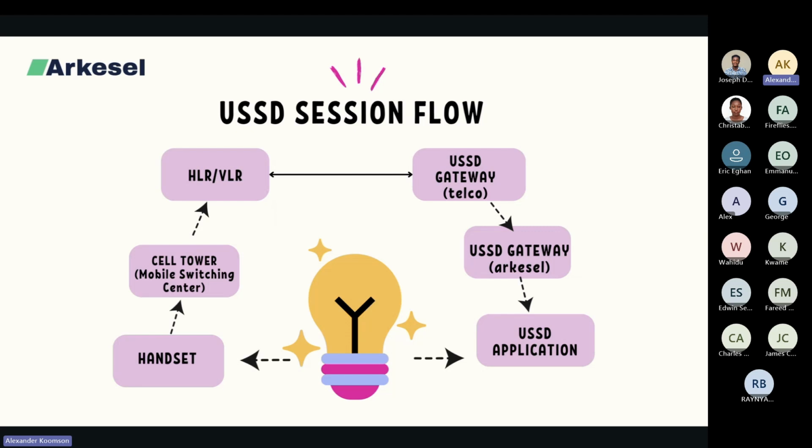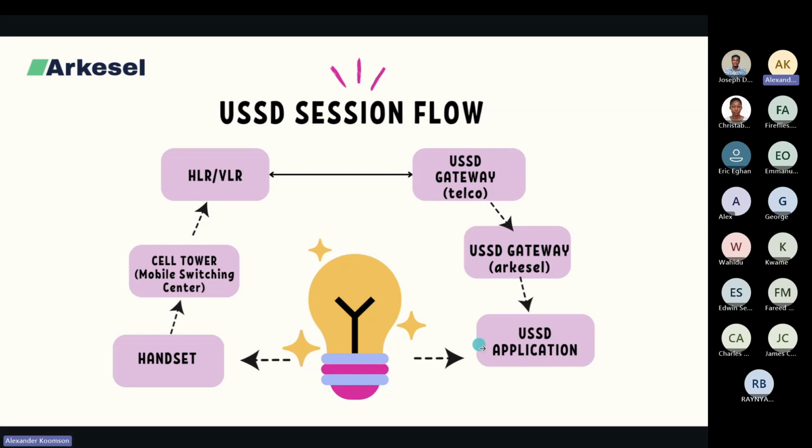And based on the USSD code that is configured here for Akisel, this appropriately forwards it to the URL provided by Akisel to them for that specific USSD code, right? And then Akisel in turn looks at the USSD code, looks at the extension, looks at the anatomy of everything, and then correctly forwards it to your USSD application, right?